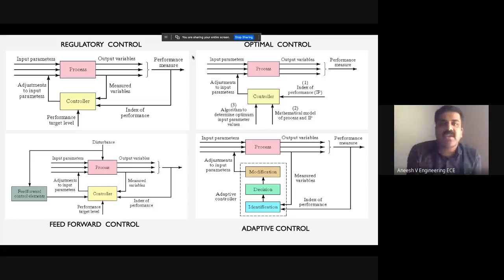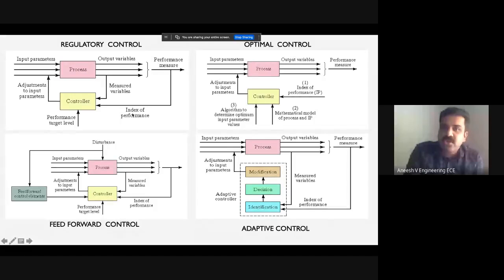If we talk about regulatory control, in this diagram you can easily identify that we give certain input parameters to the process, which produces certain output variables. From the output variables, we take some performance measure based on the input parameter. Based on the performance measure, we call it the index of performance.